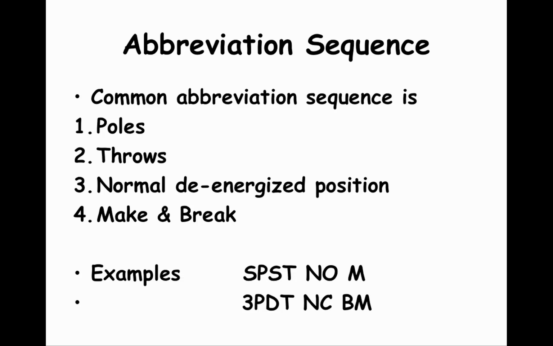So the first example is a single pole, single throw, normally open relay that will make a circuit when energized. SPST NOM. The second example is a three-pole double throw normally closed relay that will break and make circuits when energized. So 3PDT NCBM.